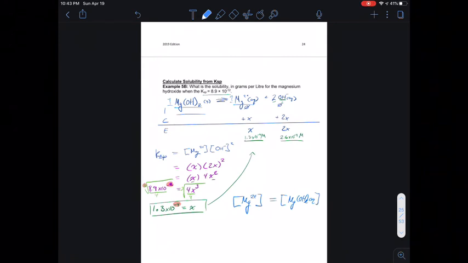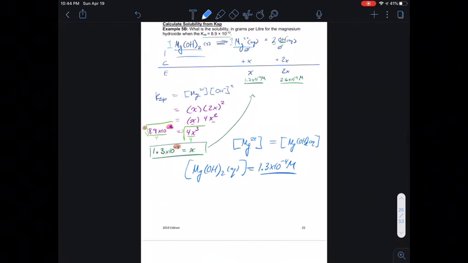So in this case, we know that the aqueous magnesium hydroxide has a concentration equal to 1.3 times 10 to the negative 4 molar.